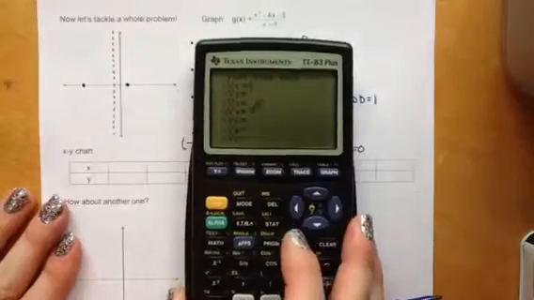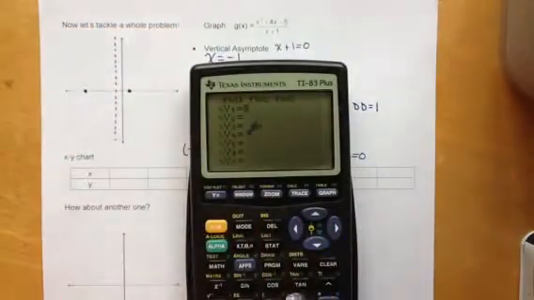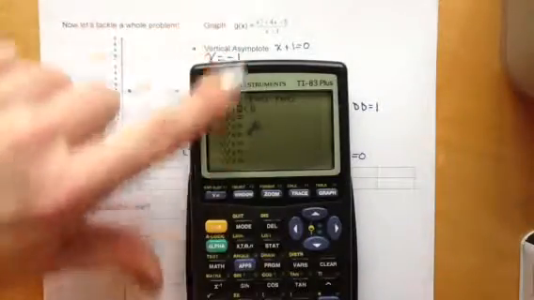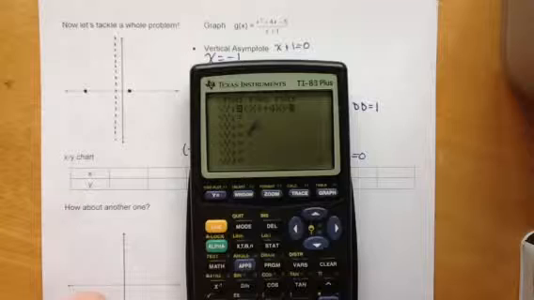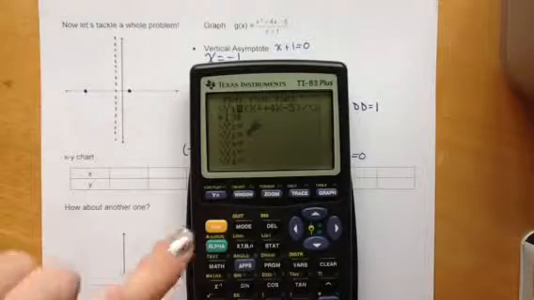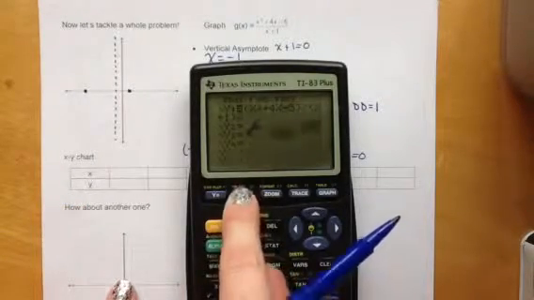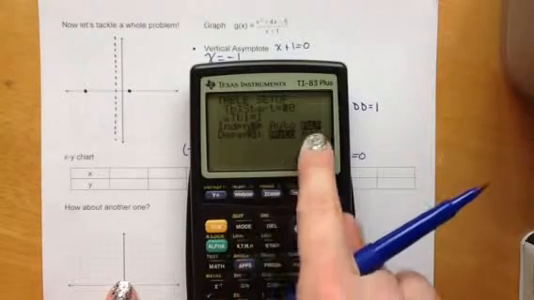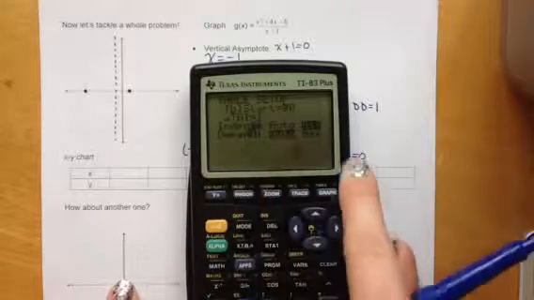So what I'll do is I'll go into the y equals screen, and I'm going to type my function. You want to make sure that you get your numerator in parentheses, so x squared plus 4x minus 5, and then divided by, put the denominator in parentheses, x plus 1. Before you go to the table, go in your table set menu, so second table set, make sure that your independent is set to ask and your dependent is set to auto.